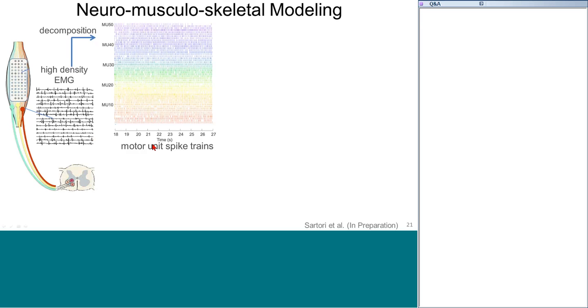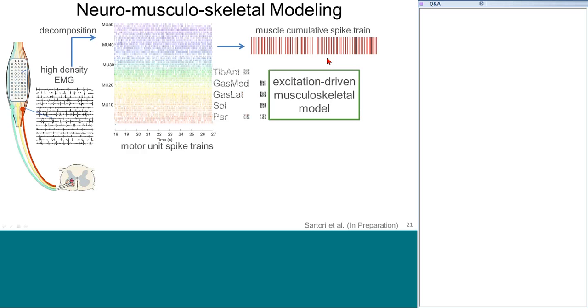So by combining together these spike trains for all the motor units that we were able to decompose, we can extract the cumulative spike train for a specific muscle. And we can do this for many muscles crossing a joint. We actually did it for the 5 major muscles crossing the joint angle.